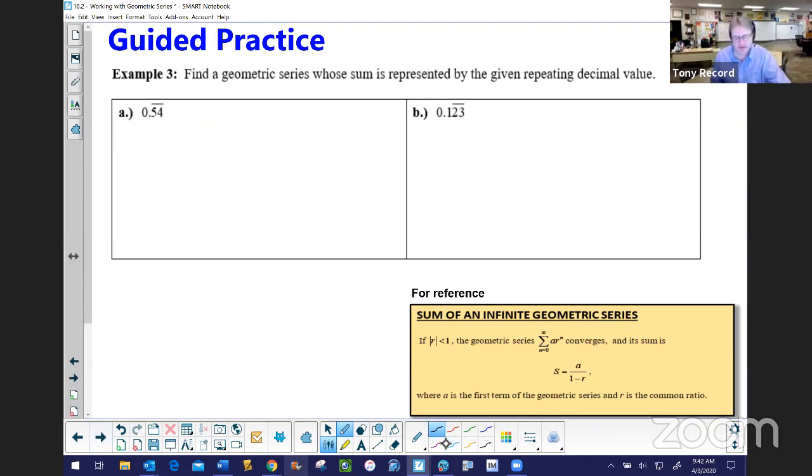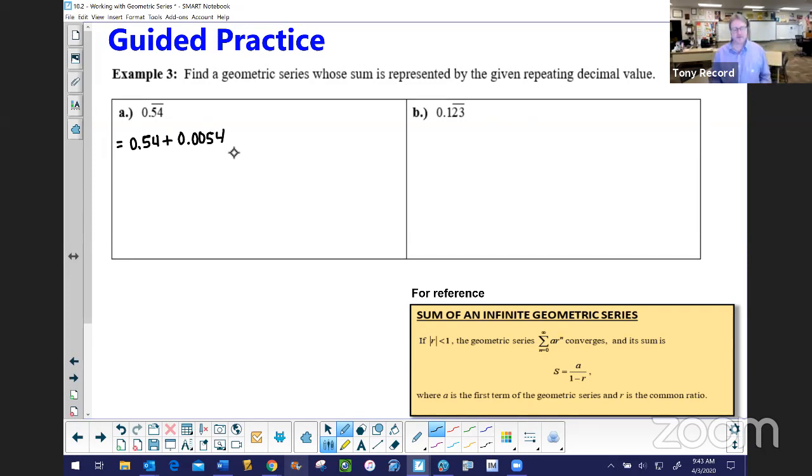It's just to find a geometric series whose sum is represented by this repeating decimal. Well, what you're going to do here is call this 0.54 repeating, 0.54 plus another value that would put a couple of zeros as placeholders for an initial 5 and 4.